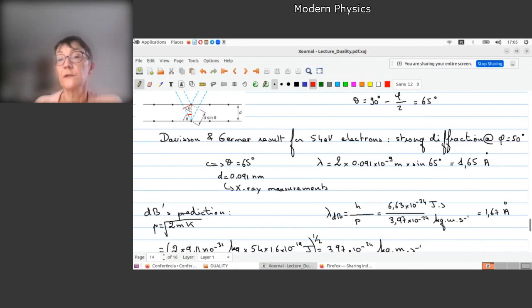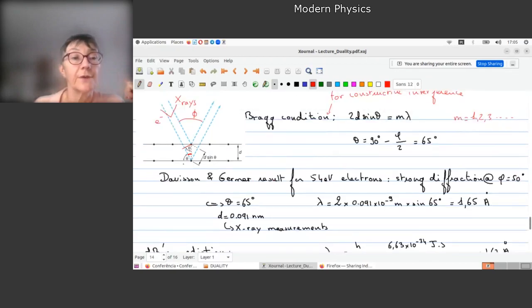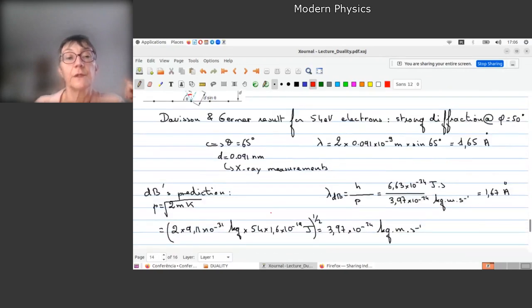So if phi is 50 degrees, theta is 65, because 65 plus phi over 2, which is 25, gives 90 degrees, pi over 2. So theta is equal to 65 degrees.